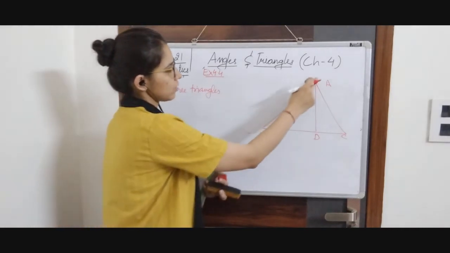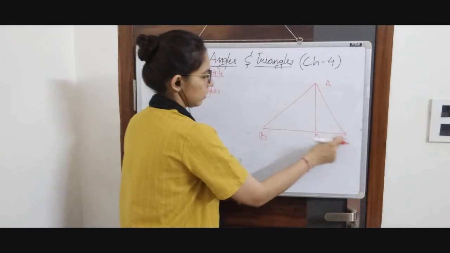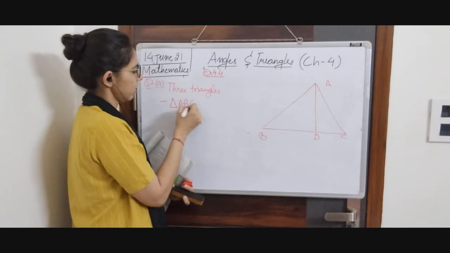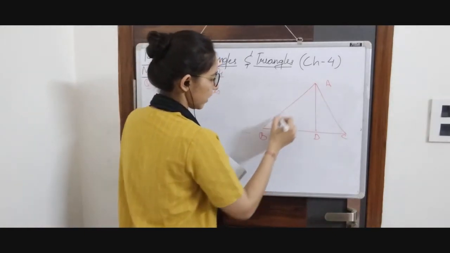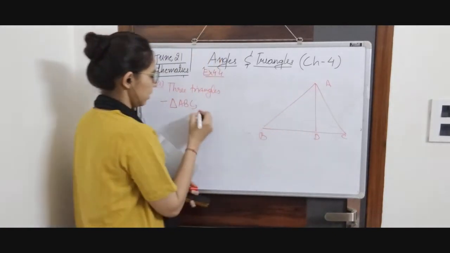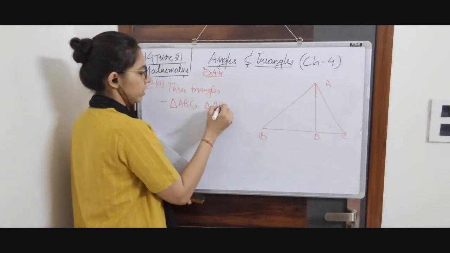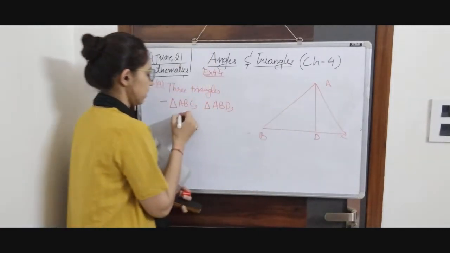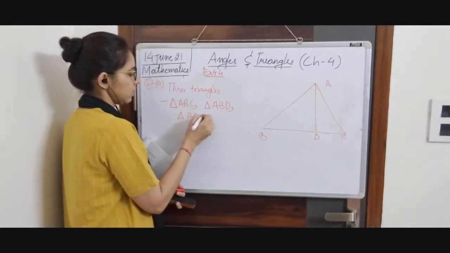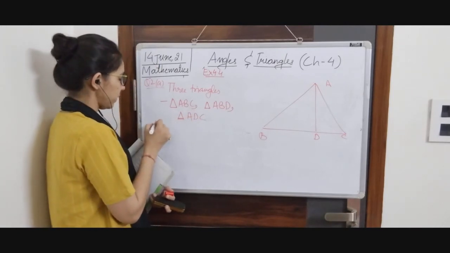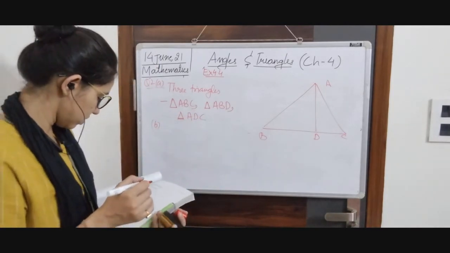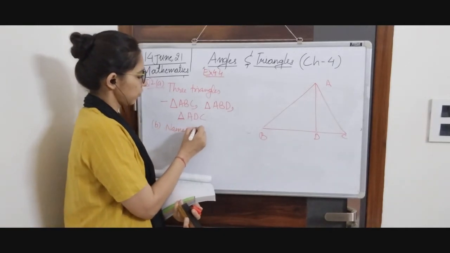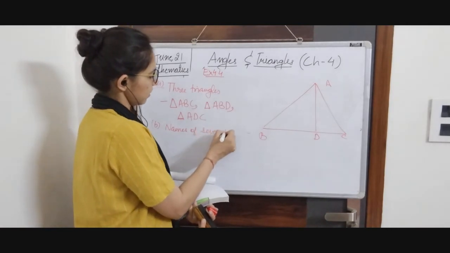First one is this bigger triangle ABC. Next is this triangle ABD. And next one is this smaller triangle ADC. Okay. Now part B is we have to write down the names of 7 angles. Okay?